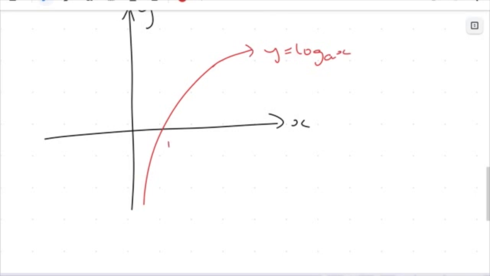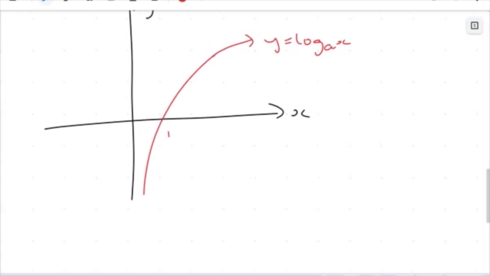So let's look at what happens when we include some translations, some horizontal and vertical translations. Now, we don't know what this base a is, but I've just drawn an arbitrary graph in the general shape of a log.